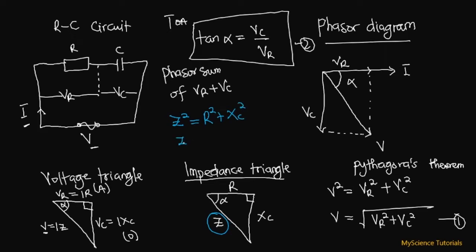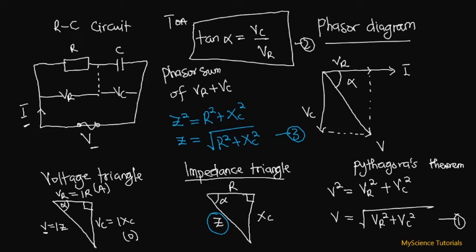So the impedance Z will now be equal to the root of the resistance squared plus XC squared over here. So this is equation 3, another very, very important equation that we need to keep in mind when we are solving problems related to RC series AC circuit.